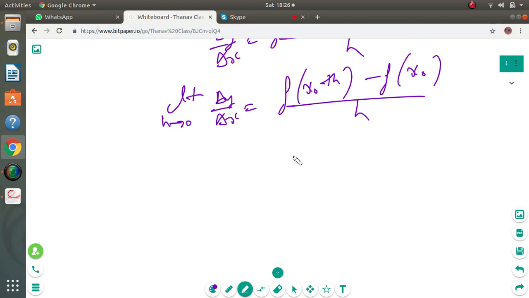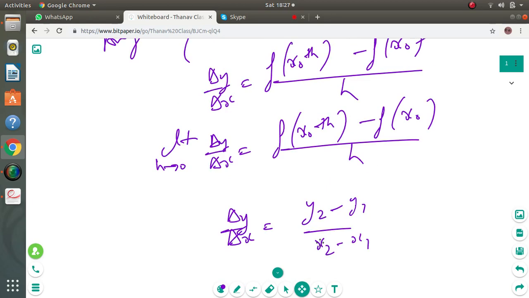And how can you evaluate this? From this we find the slope of the tangent. Correct, but would you not rather just do y2 minus y1 divided by x2 minus x1? That's what we are doing only. Delta y by delta x is given as y2 minus y1 by x2 minus x1.